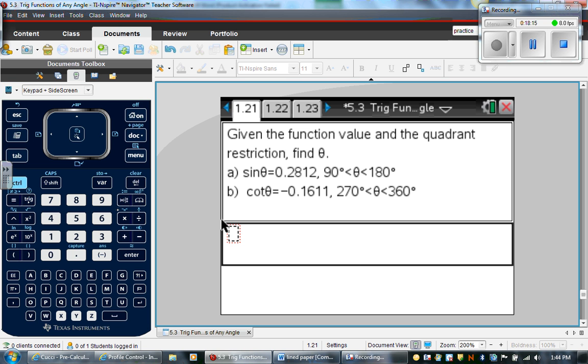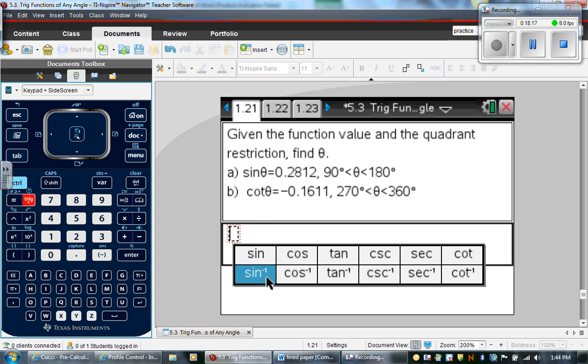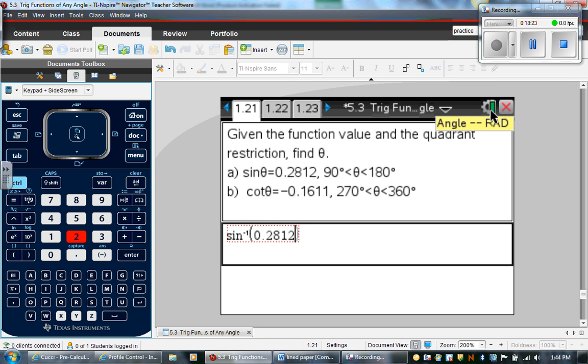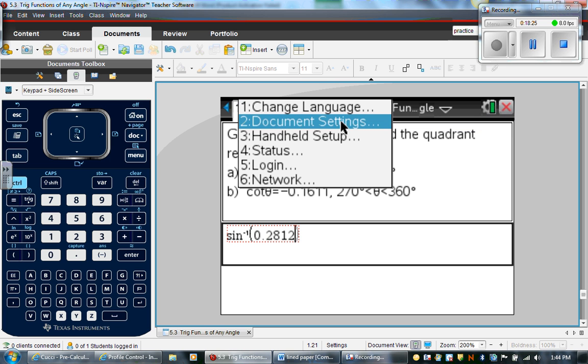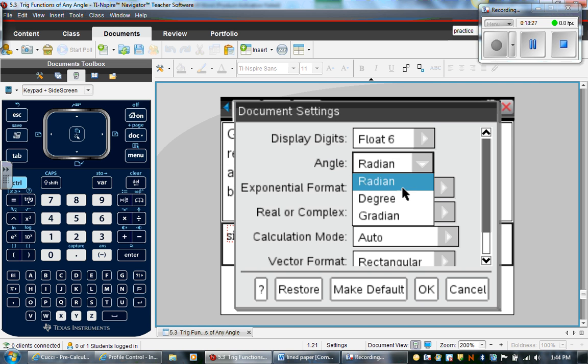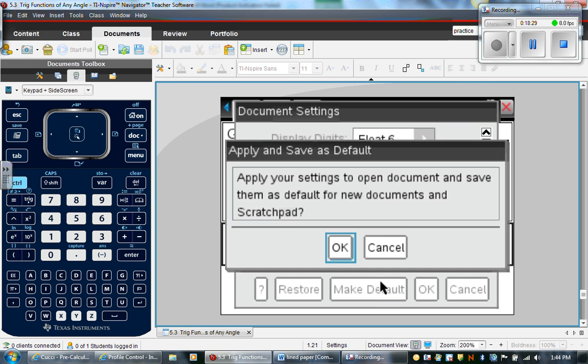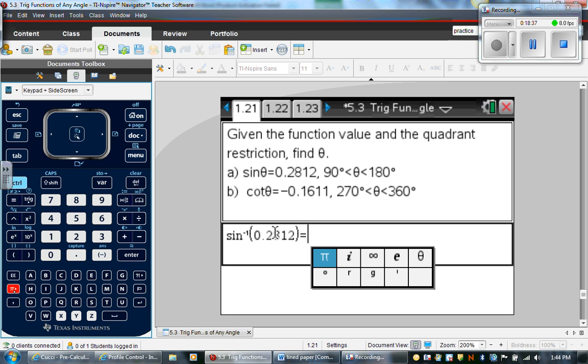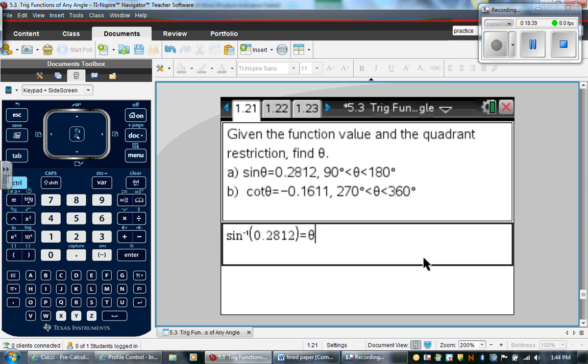So we're going to be doing sine inverse, and I'm not sure I'm in the right setting. I'm in radians, I need to be in degrees. So I'm going to click up there, do document settings and degrees. Okay, and let's see if this will give it to me. So this is what I want to be plugging in, because this is going to equal theta. So by taking the inverse, I'm finding the angle.